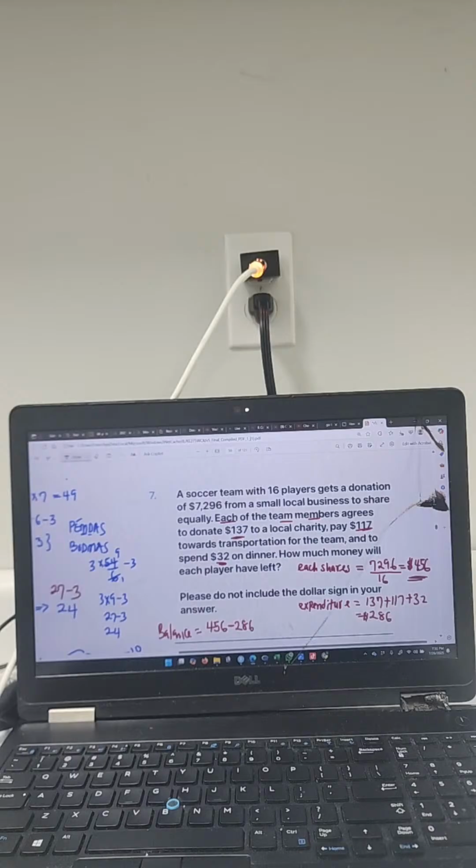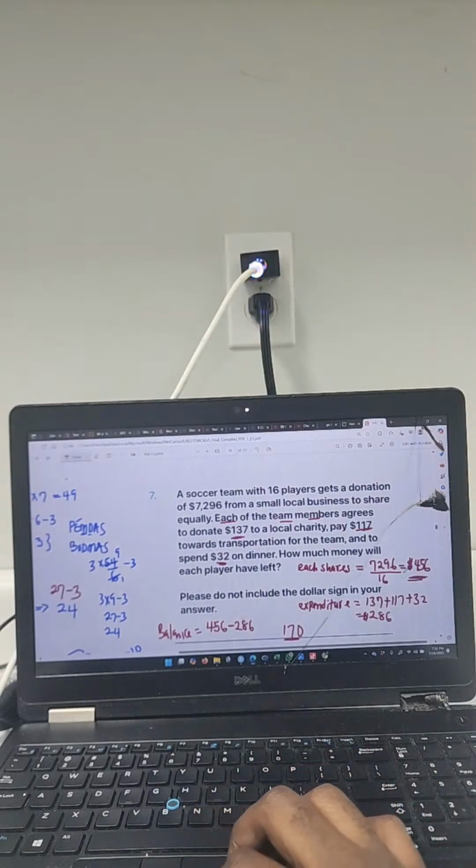So each of the players is going to have $170. But look at the instruction given. Please do not include the dollar sign in your answer. So your answer is just 170. So this is the answer, $170, but don't include the sign.